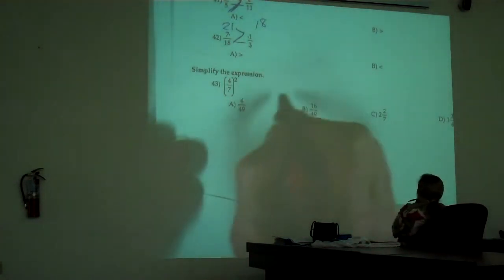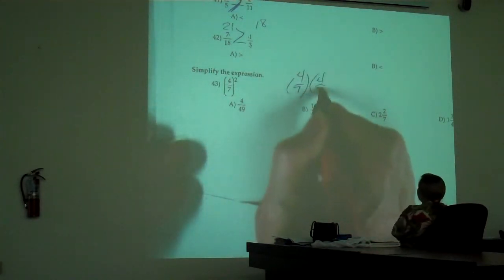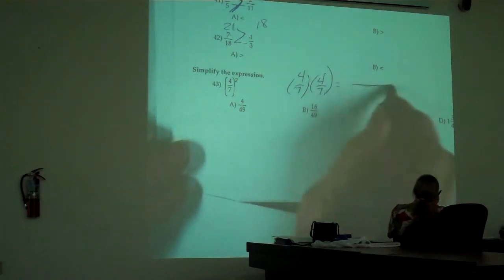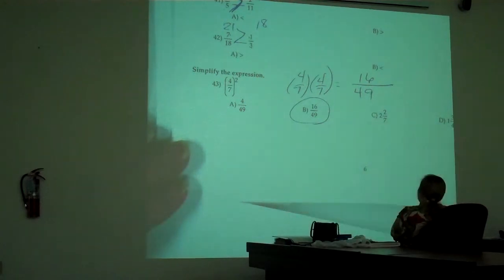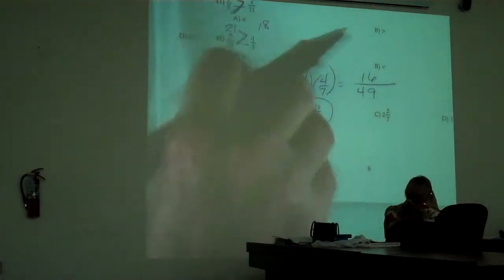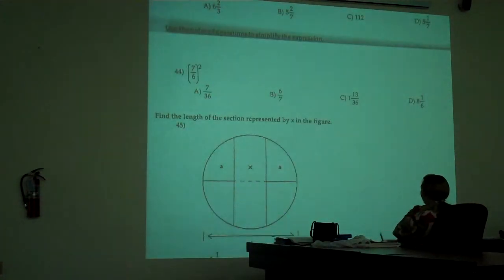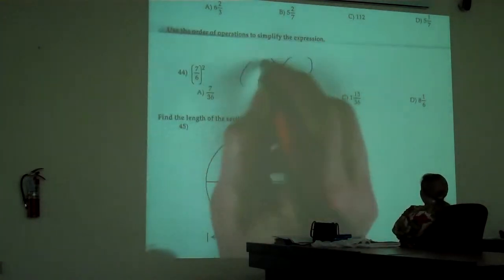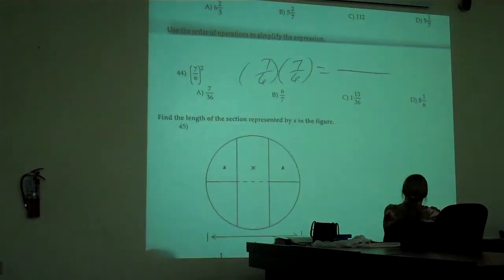Okay, 4/7 squared means 4/7 times 4/7, which is going to be 16/49. I took too many pages. 7/6 squared. 7/6 times 7/6 is what? 49/36.